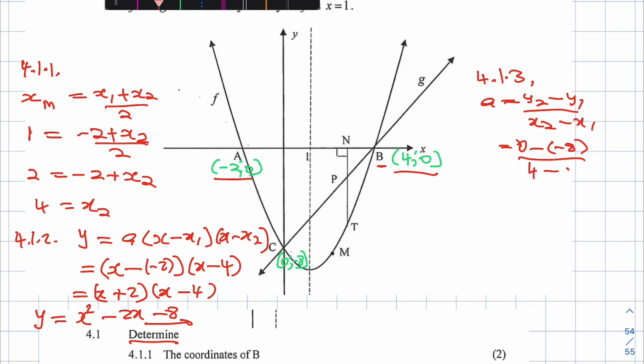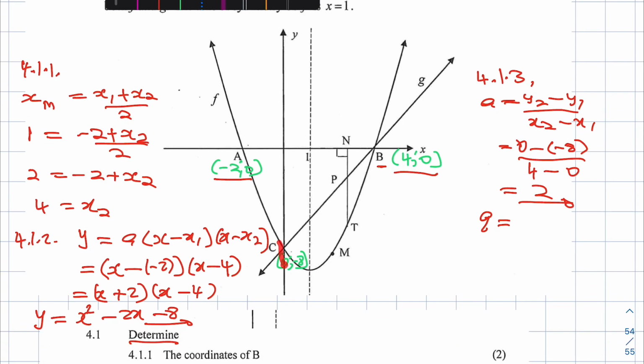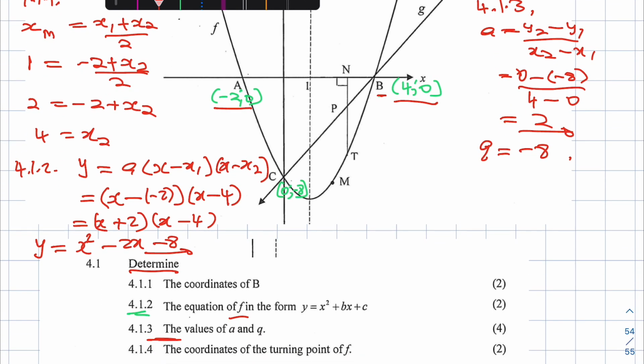So that's 8 over 4, which will give us a 2. And then the value of q is quite simply the same as the value of c. And c, we know that is the y-intercept. So we know the y-intercept is -8. So q is -8. So that's the end of that question.